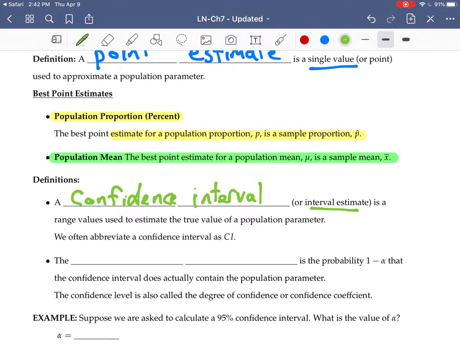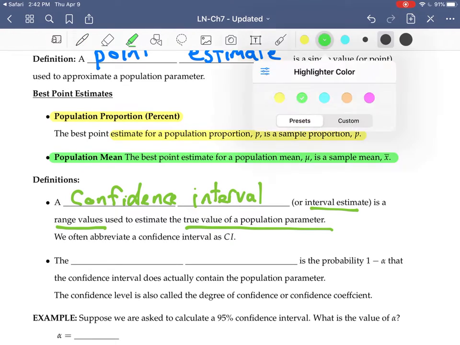Instead of having a single value, we get a range of values, and we use those to estimate the true value of a population parameter. That's what a confidence interval will do. We will often abbreviate this with CI, for confidence interval.